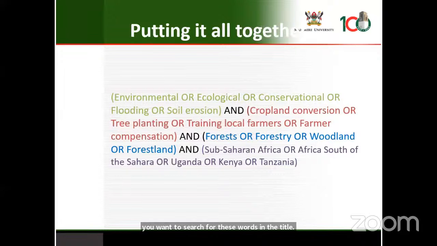I didn't mention that because I want to demonstrate it when I go online, but it puts TI, then equal signs, then the bracket, meaning you are instructing the database to search for these words in the titles of the studies in that database. You can also say AB, for abstract, or search all the fields. If you don't specify, the system is going to search all fields, which is the default setting.